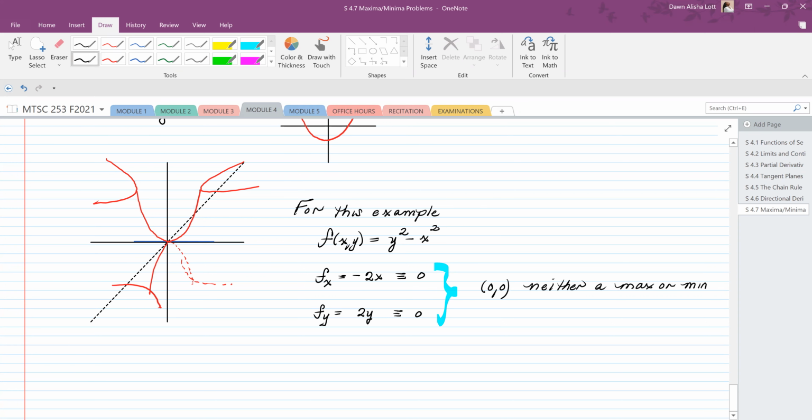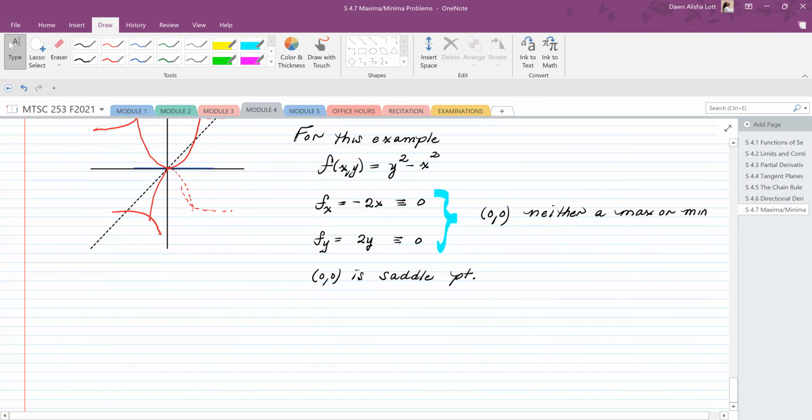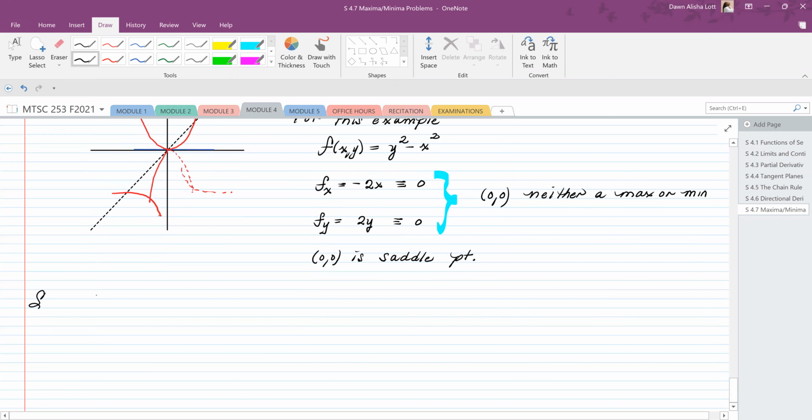In fact, it's a saddle point. So now we can see it's not enough to just say the partials are equal to 0. There's got to be more to it. Okay.